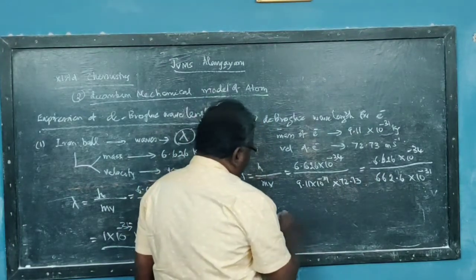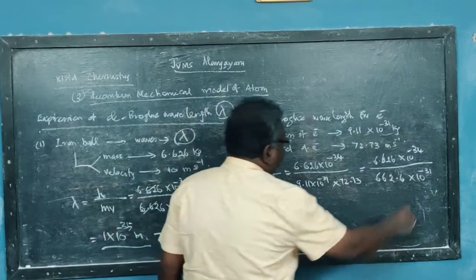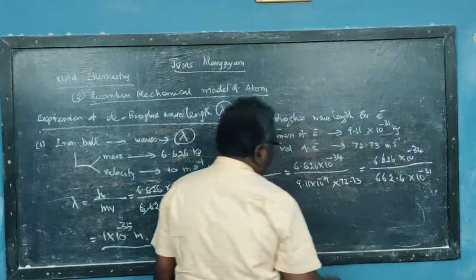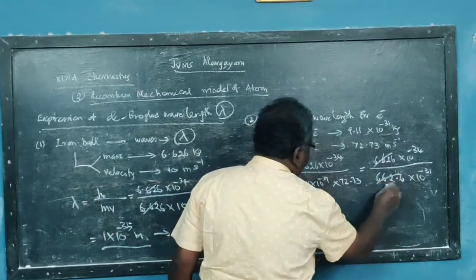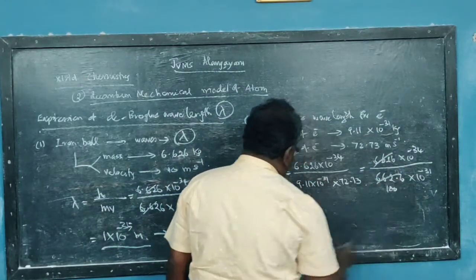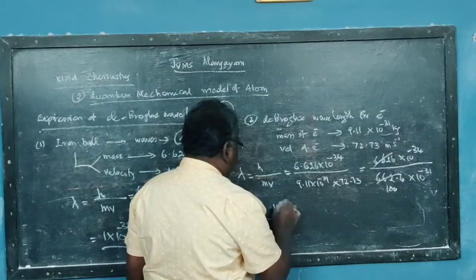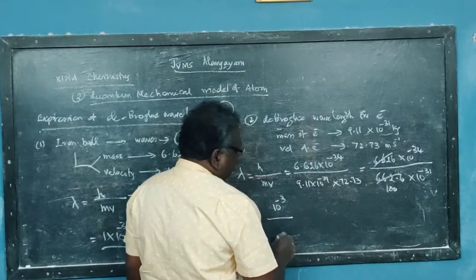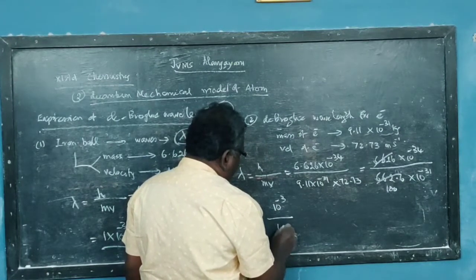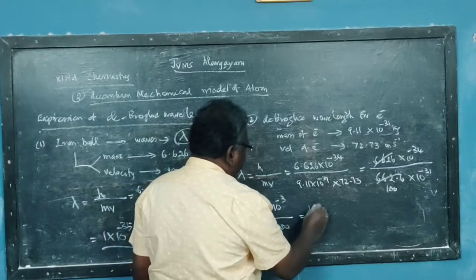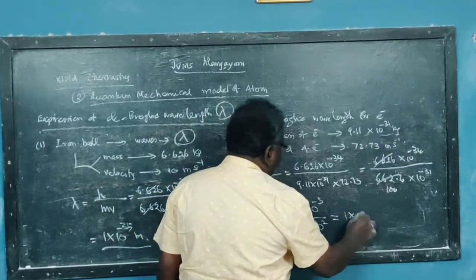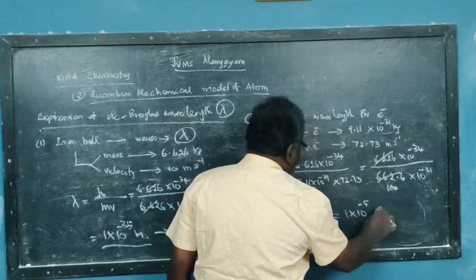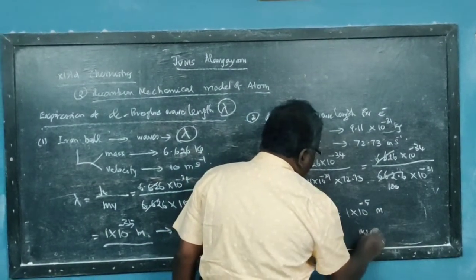Therefore, it will go like this, right? So this will become 100 times, and if you simplify that, that will become 10 power minus 3 divided by 10 square, which will come to 1 into 10 power minus 5 meter, and this is measurable.